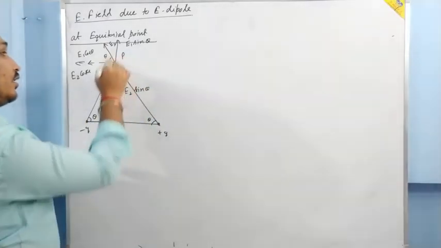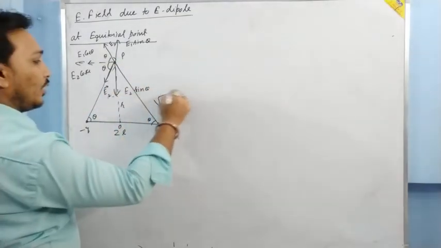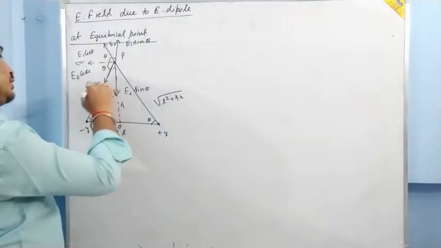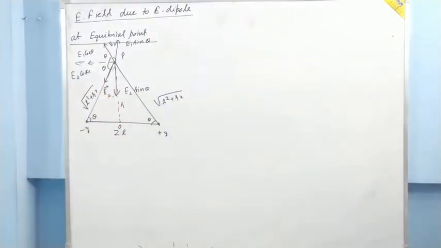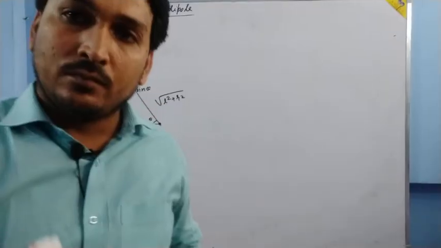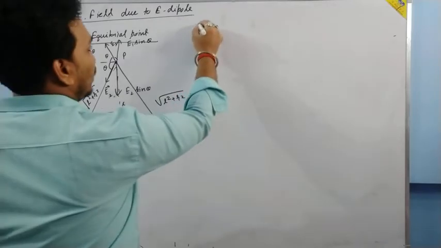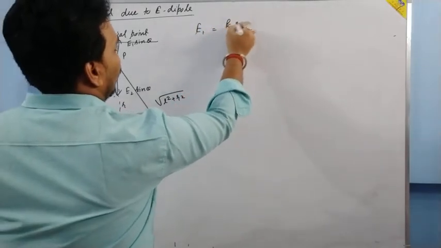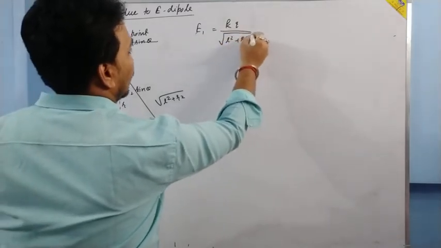From the center the point P is at R distance suppose, then this very distance will be under root L square plus R square. Same goes with this side, L square plus R square. Now the value of E1 is given by KQ upon (under root L square plus R square) whole square.